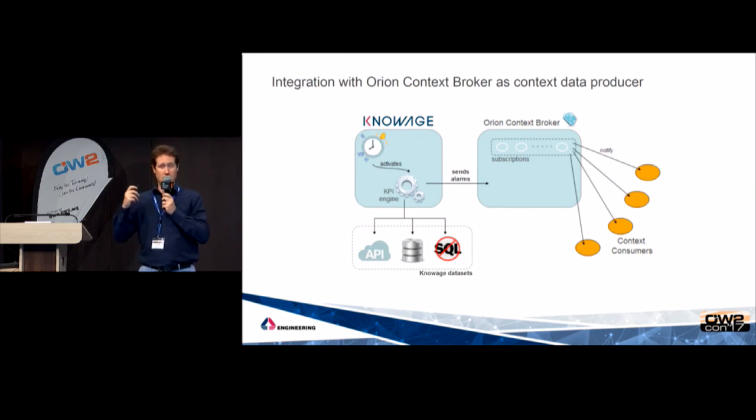And this data is combined to retrieve a KPI, and we use a mechanism to schedule the execution of this KPI, and we are able to send alarms to the context broker. So if there is any other component that is listening for notifications about those KPIs, they will be notified automatically through the Orion Context Broker.